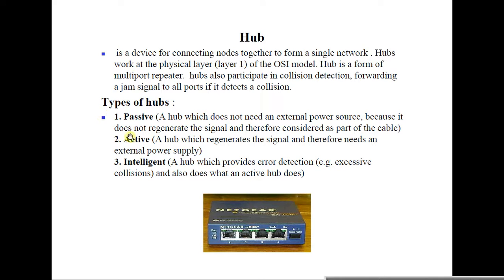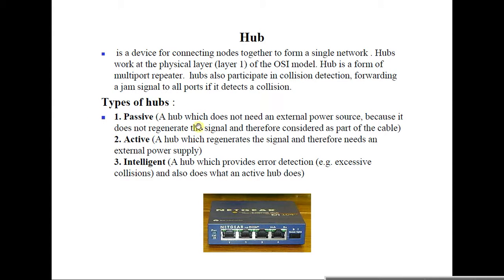The types of hubs: passive hub, active hub, and third is an intelligent hub. A passive hub is a hub which does not need an external power source because it does not regenerate the signal and is therefore considered as a part of the cable. So the passive hub just sends the information.